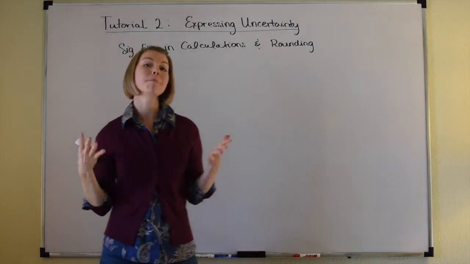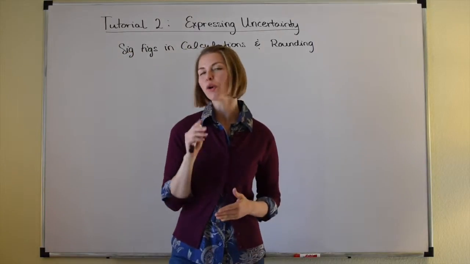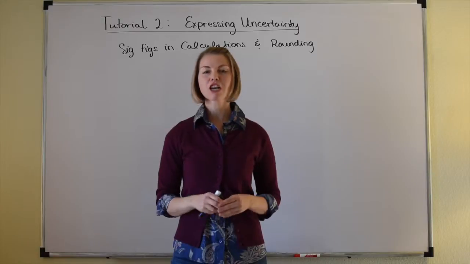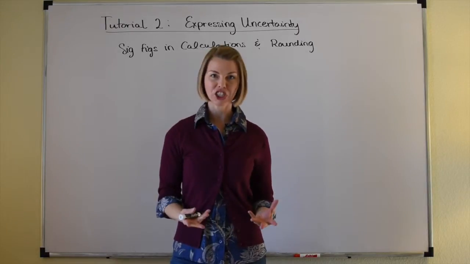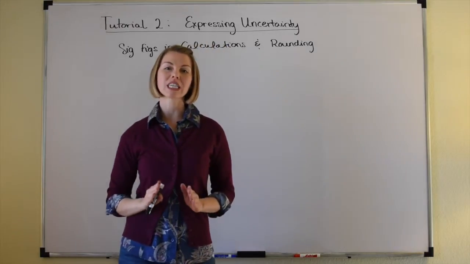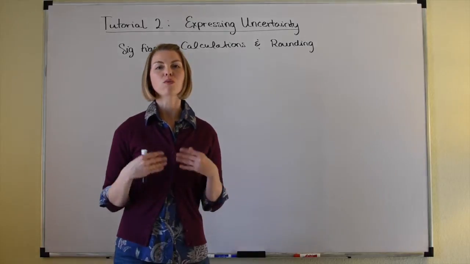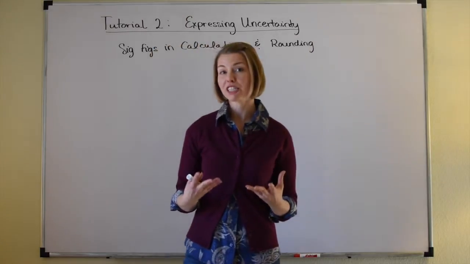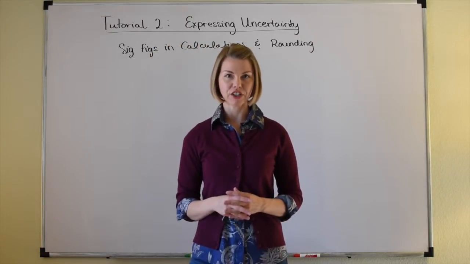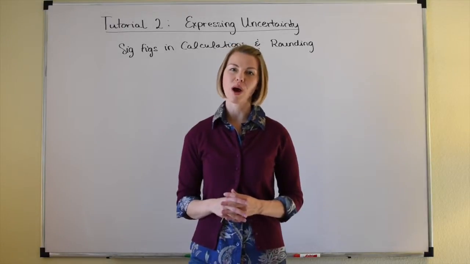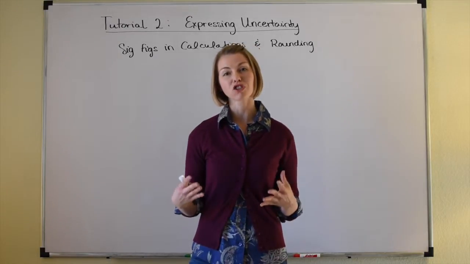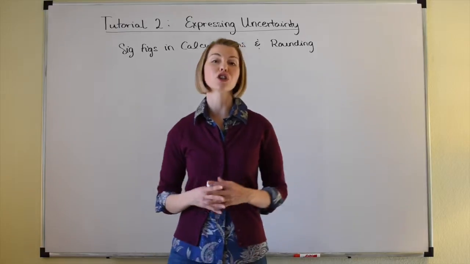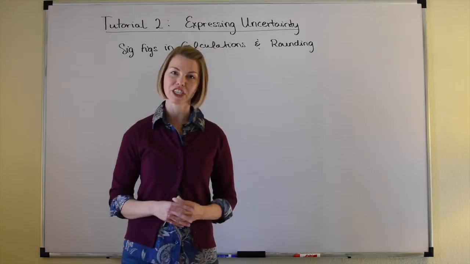So when we make measurements in the lab, we're usually making those measurements so that we can use them in calculations. And so you not only need to be able to round your measurements to the correct number of significant figures, but you also need to know how to round your final answers from calculations to the correct number of significant figures.